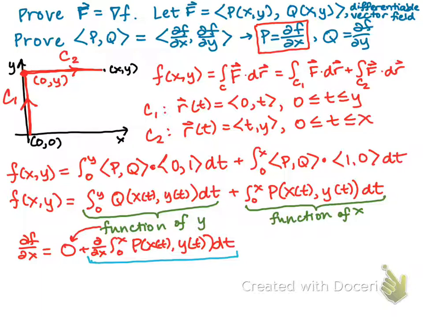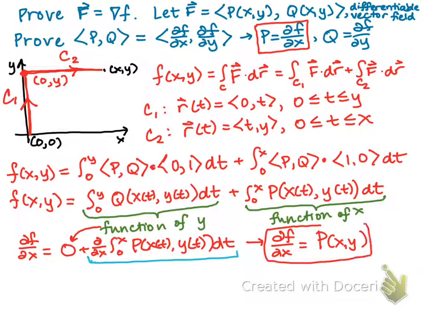So this now gives me that partial f partial x equals p of xy. And that was what I had set out to prove, or at least the first part of what we're trying to prove here. So the first component of vector field F equals the first component of gradient f.